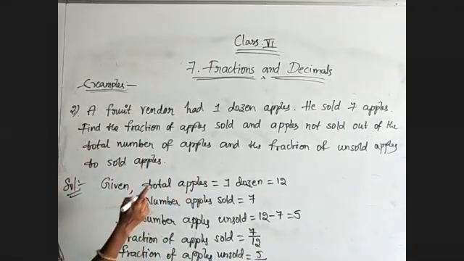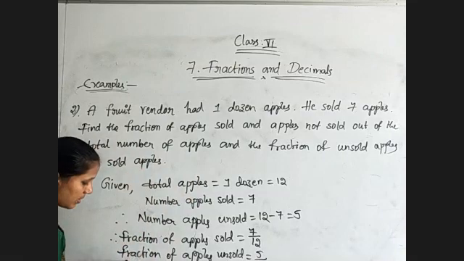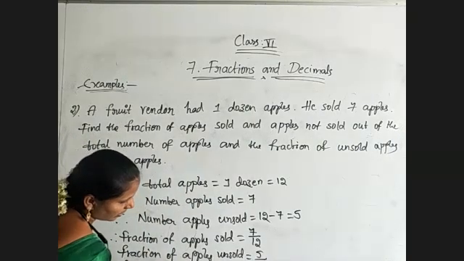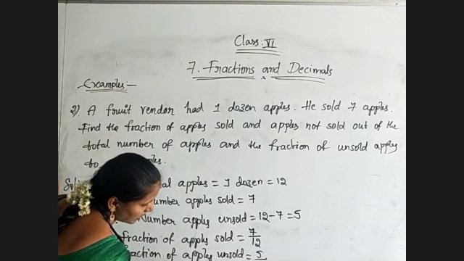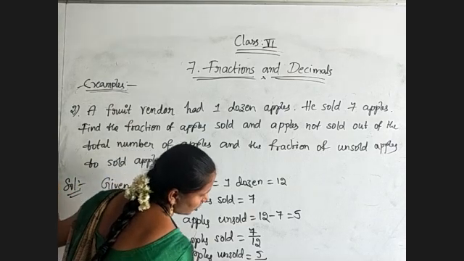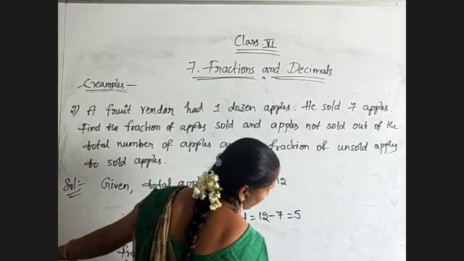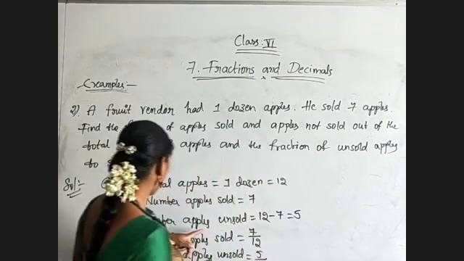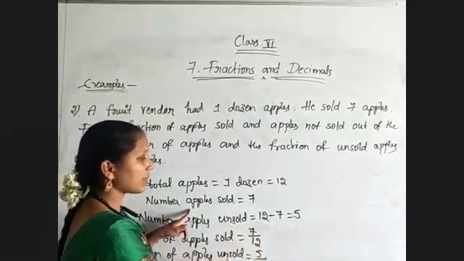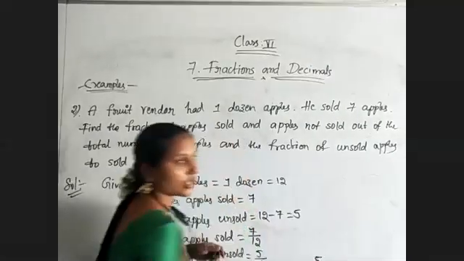And the last question: fraction of unsold apples to the sold apples is equal to, unsold apples were 5 and sold apples were 7. So 5 out of 7 is the required fraction.